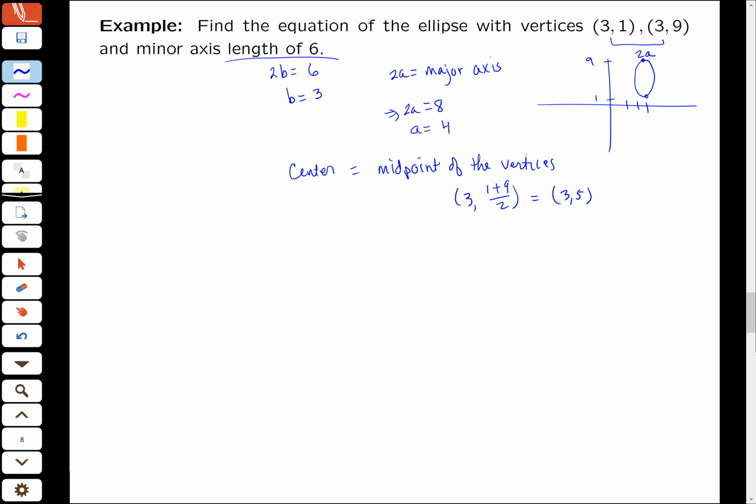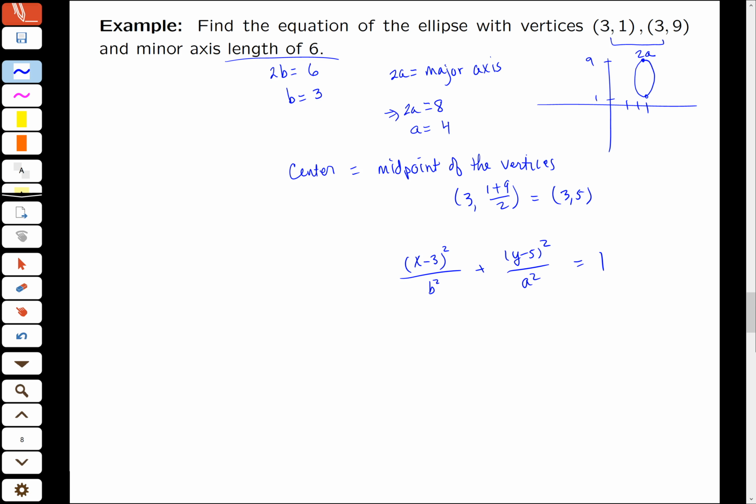Just plug it into the equation. This is vertically opening, so the biggest value goes under y. I'm going to have (x minus 3) squared over b squared plus (y minus 5) squared over a squared is equal to 1.